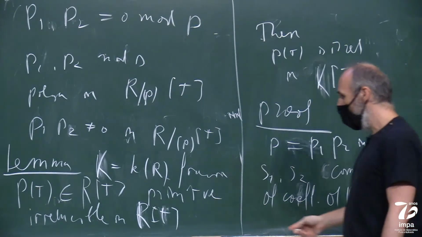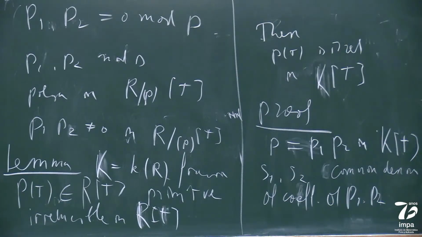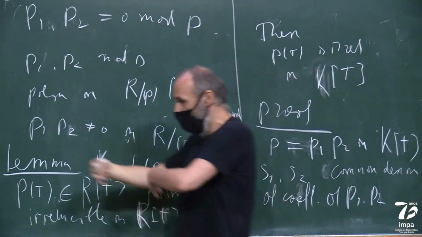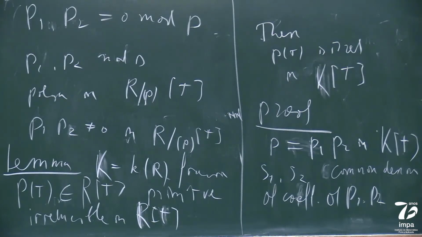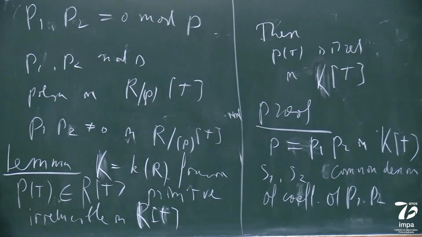So I write the coefficients of P1 and P2 as elements of the fraction field, as fractions, and take the denominators of these fractions. Then we have now an expression in integers.